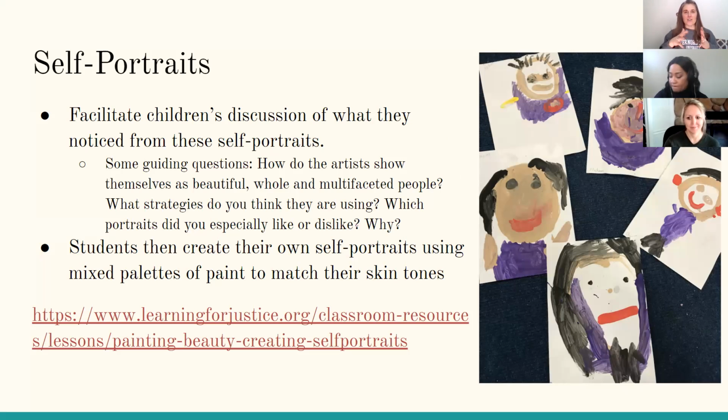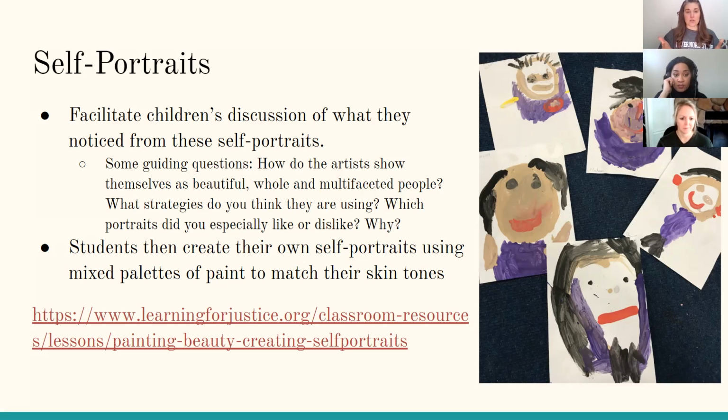And the key here is having mixed palettes of paint, so they can mix and match and connect it to their arm and see how they can make the color look like theirs. And then they could set up their pictures as a gallery and have students look at them, talk to each other about it, and reflect on how similar or different they are from their peers.